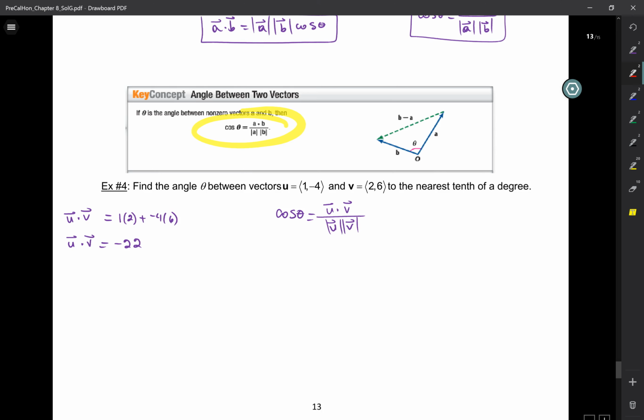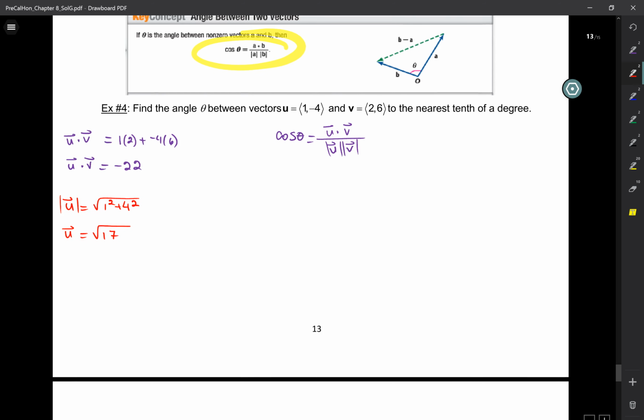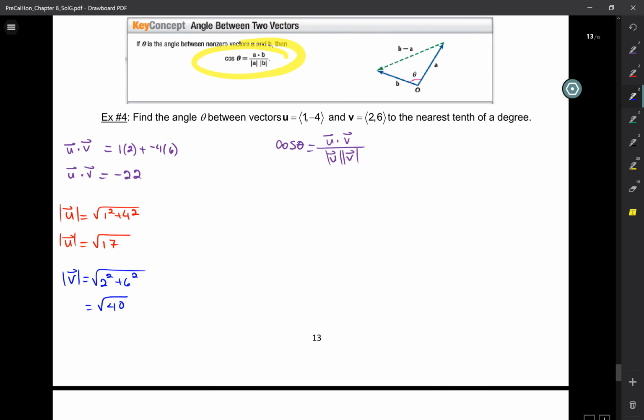Now, magnitude of U is the square root of 1 squared plus 4 squared, so magnitude of U is the square root of 17. Magnitude of V is the square root of 2 squared plus 6 squared, which is the square root of 40, and I'm going to be rebellious and just leave it that way, not simplify it.